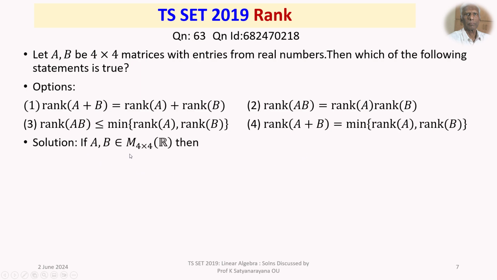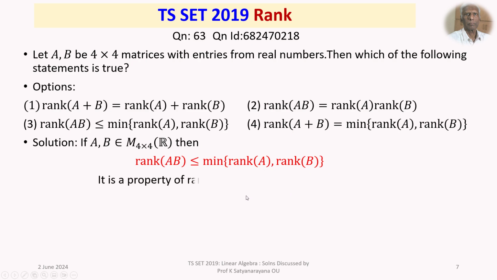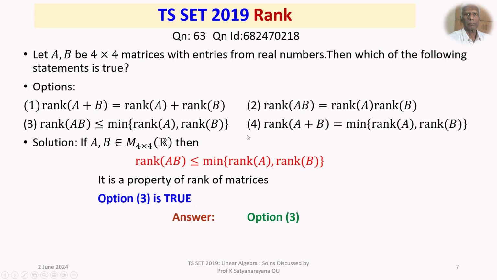If A, B are 4 by 4 matrices with real entries, then rank of AB is less than or equal to minimum of rank of A, comma rank of B, and it is one of the properties of the rank of matrices. The others are not true. So that means option 3 is true. The answer to this question is option 3.